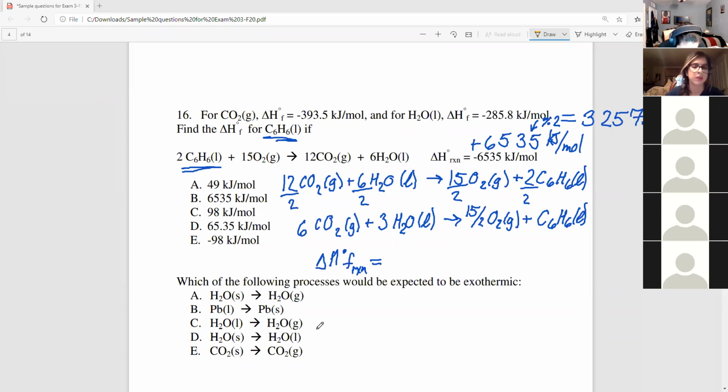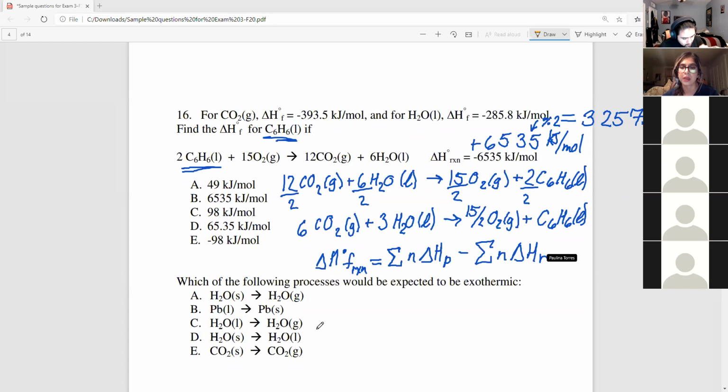What is the equation that we use? The products less the reactants. Mm-hmm. So is it products plus reactants? Products minus reactants. Yes, minus reactants. So I'm going to put P. We know that that's products minus the summation of the moles and the enthalpy of the reactants.